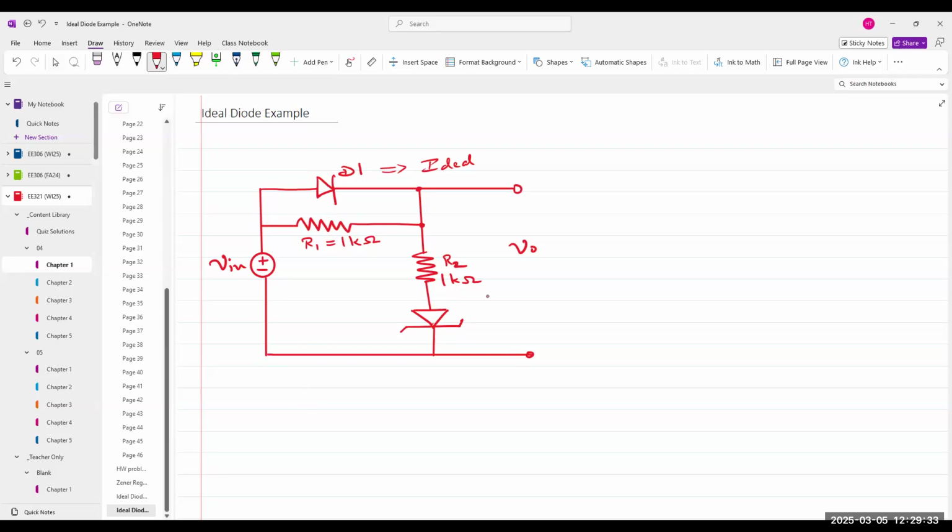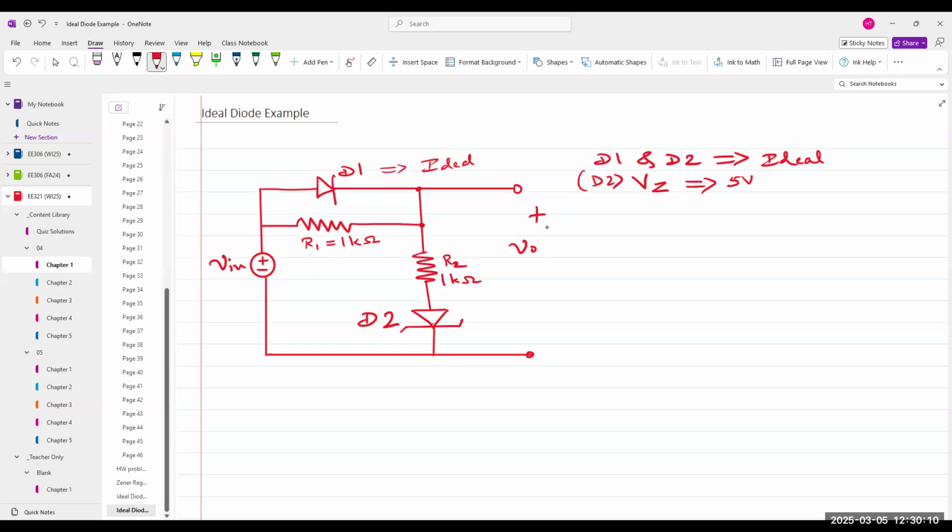There. Okay, so that's D1, and let's call this D2. The Zener diode D2 is, let's say, 5 volts. D1 and D2 are both ideal devices, and VZ for D2 is 5 volts.